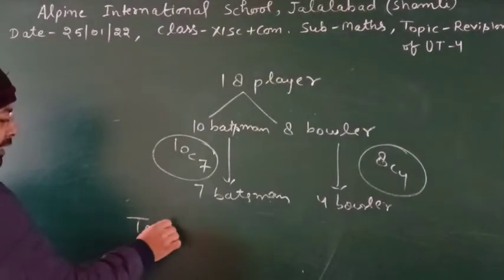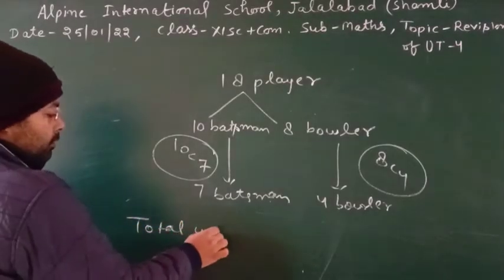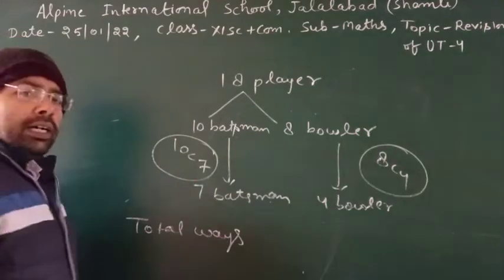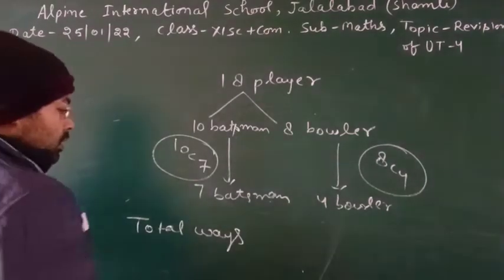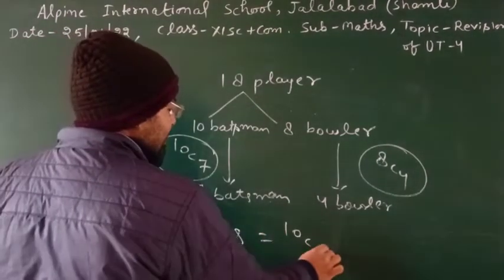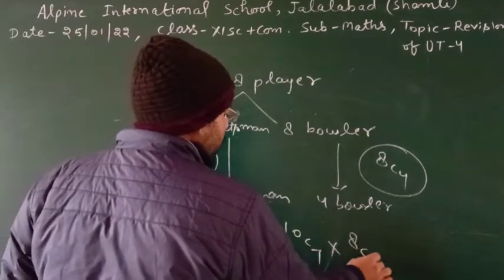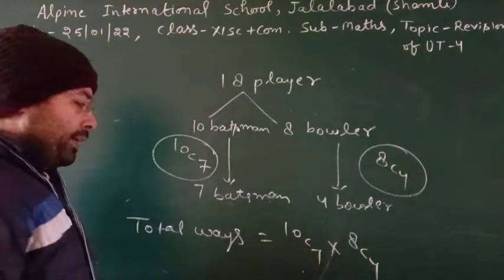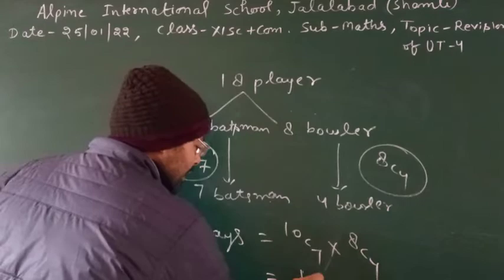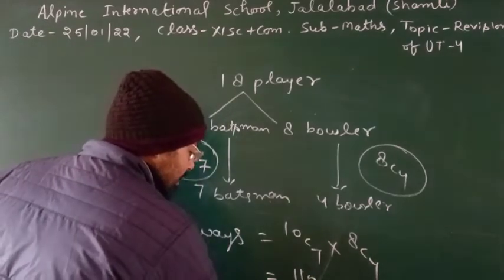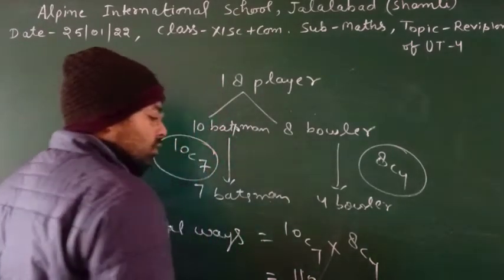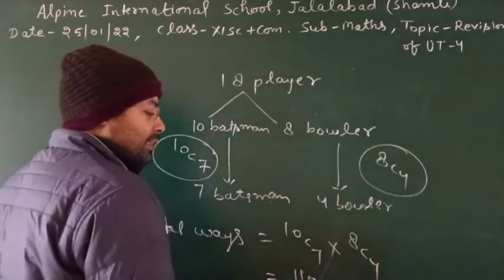So total number of ways of preparing the cricket team will be 10C7 into 8C4, and now open it. Factorial 10 upon factorial 7 into factorial 10 minus 7, result is 3.